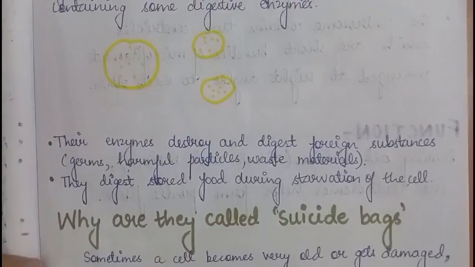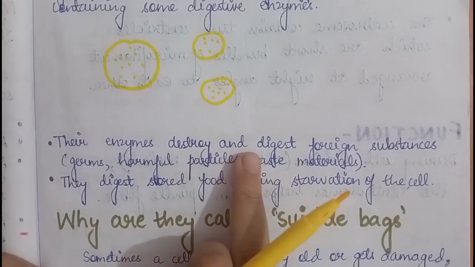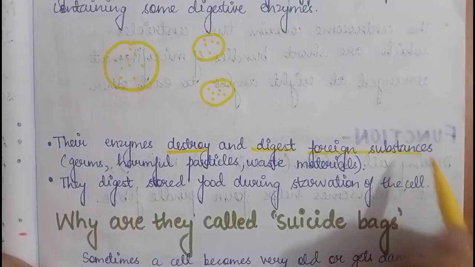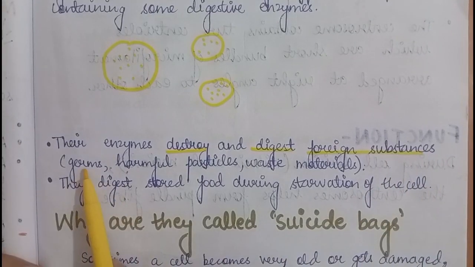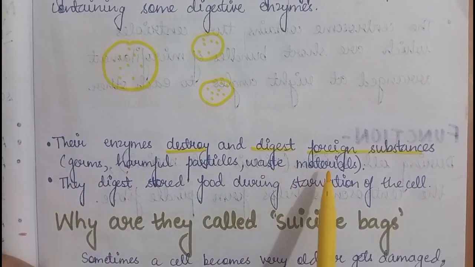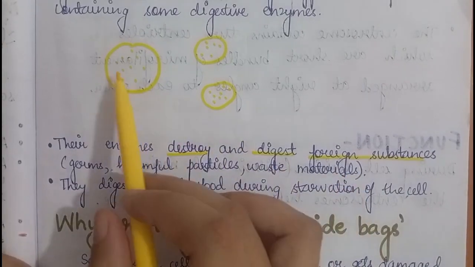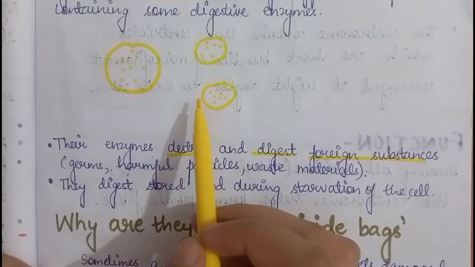Their enzymes destroy and digest foreign substances like germs, harmful particles, and waste material which are not needed or which are harmful for the cell, inside the lysosomes.